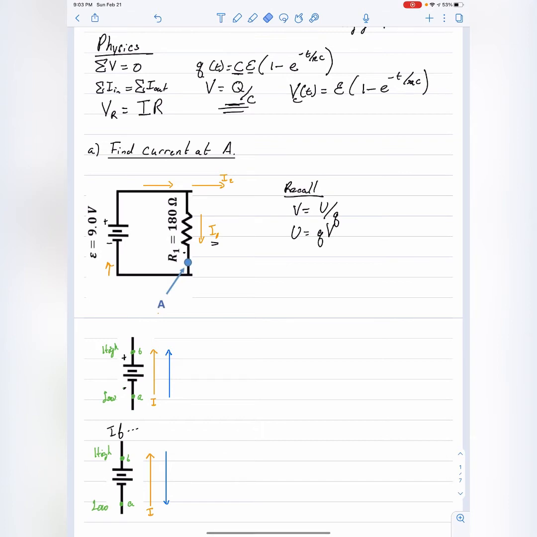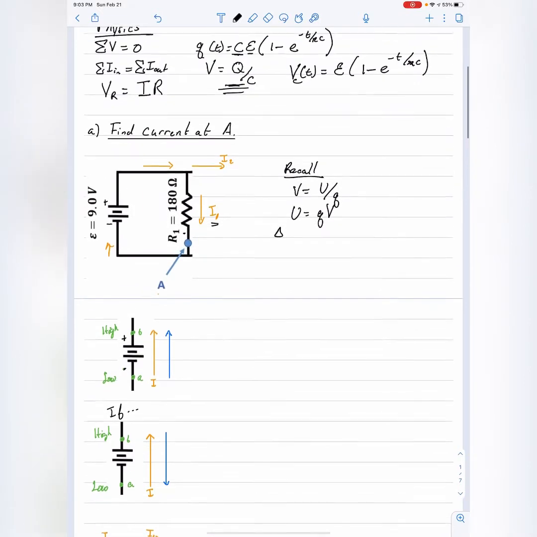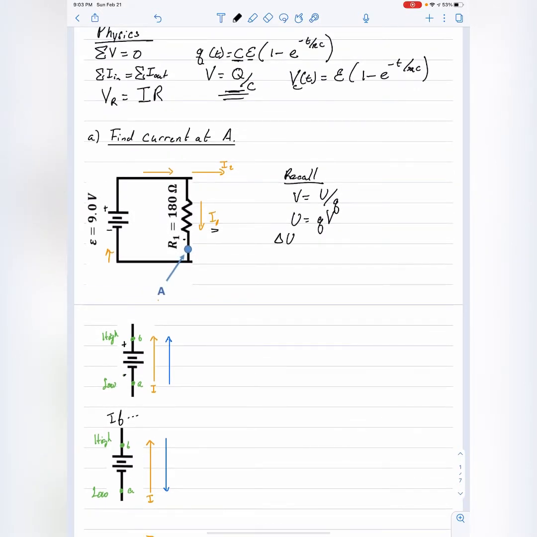We can rewrite electric potential energy as the change in electric potential energy. Remember, like the original gravitational potential energy is the same thing. We always go from one point to the other. It is always by a reference. So we usually go the point that is highest minus the point that is lowest.